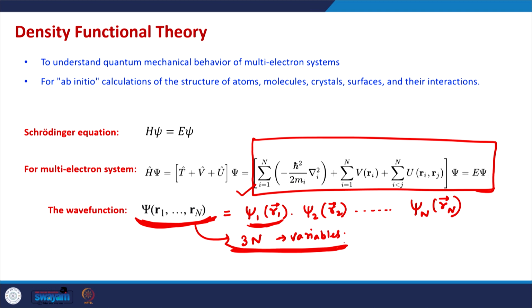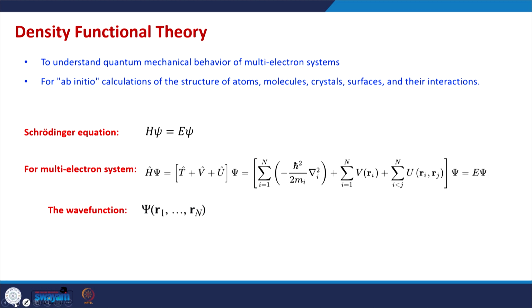And if n is a few hundred electrons, only a few hundred electrons, small systems, even in that case, this equation becomes almost impossible, or impossible to solve actually. This becomes unsolvable. And in other words, that's the curse of dimensionality.